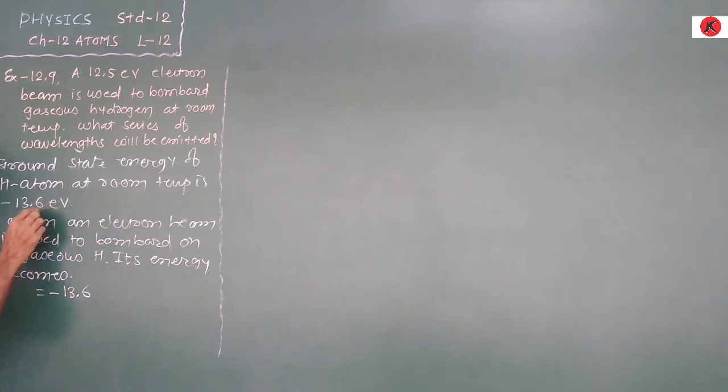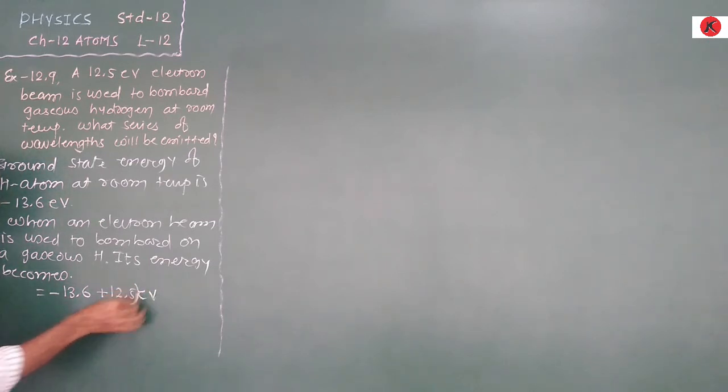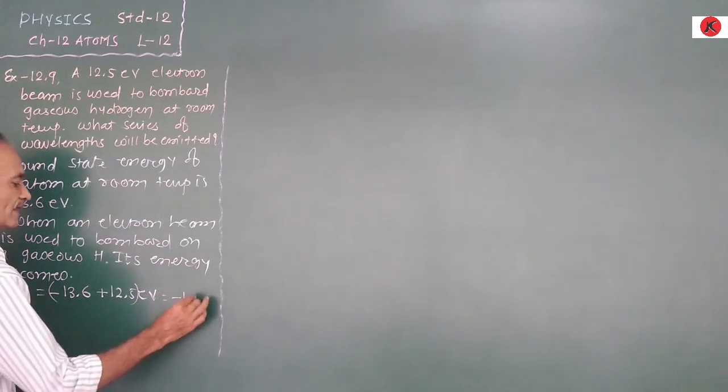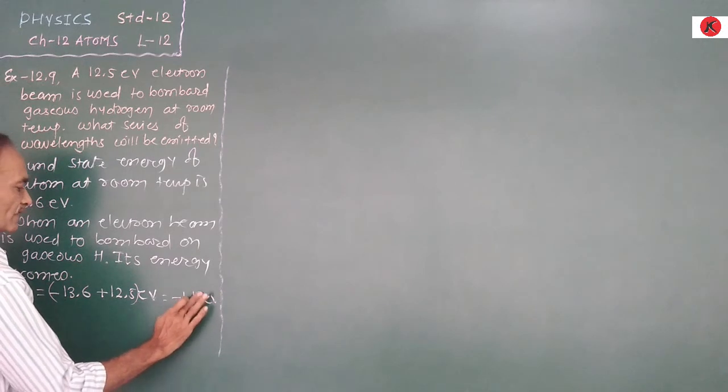Now this energy is added to the hydrogen gas, that is the 12.5 electron volt. Therefore, the total energy is minus 1.1 electron volt.